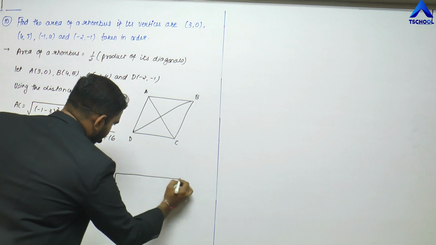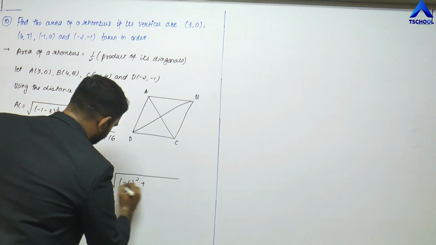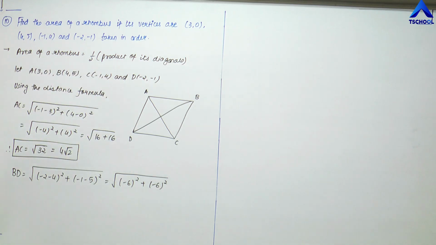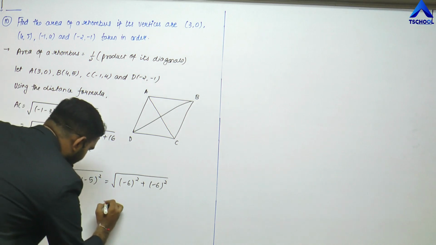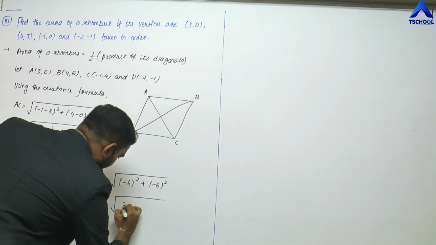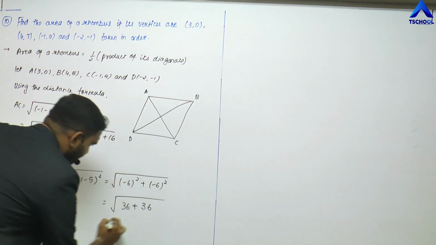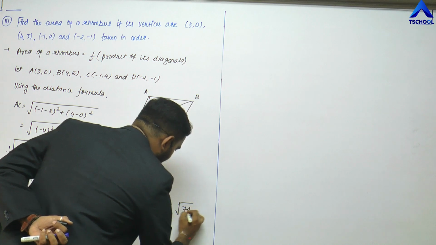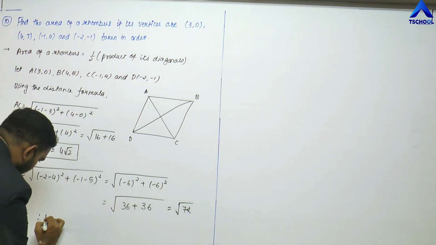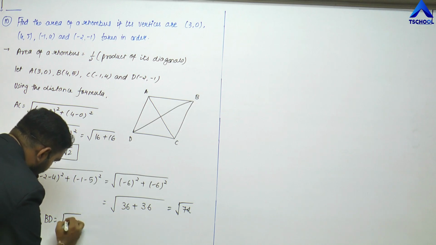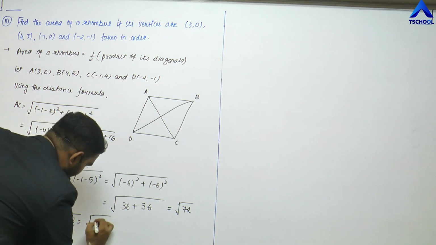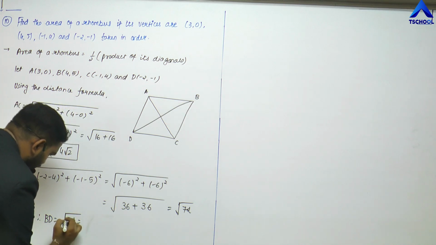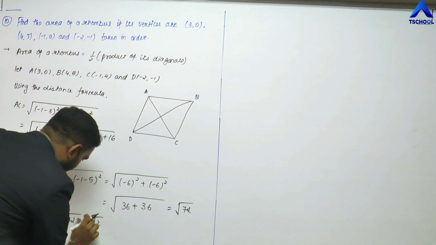That is again square root of -6 whole square plus, this is also -6 whole square. So -6 square is 36, which is square root of 36 plus 36, that is root 72. Therefore BD equals root 72 equals 6 root 2. Yes or no?